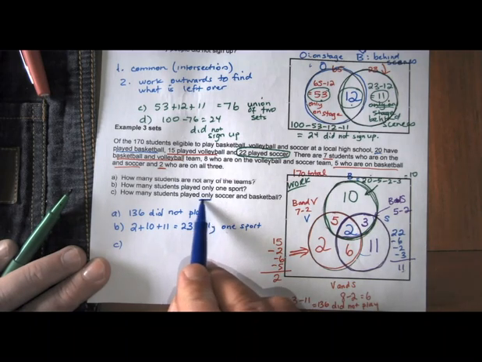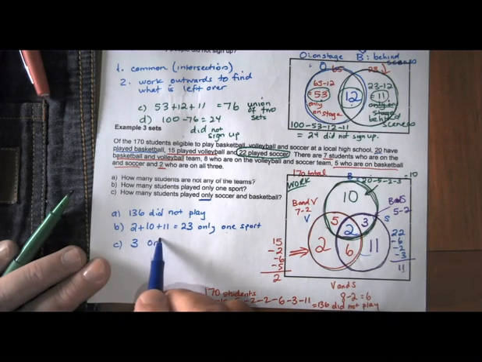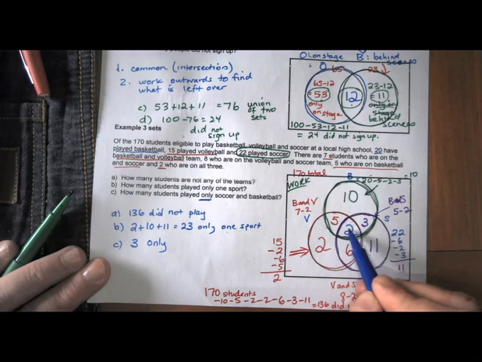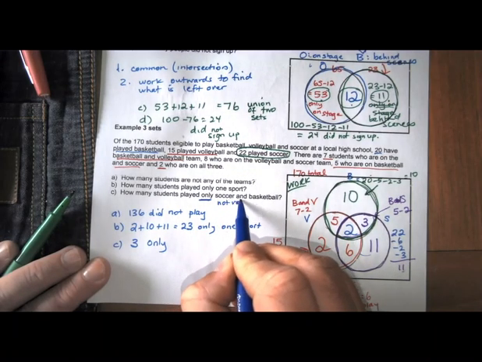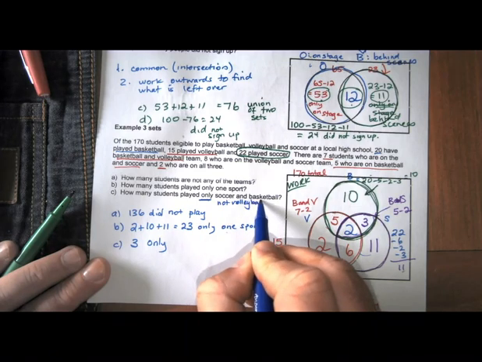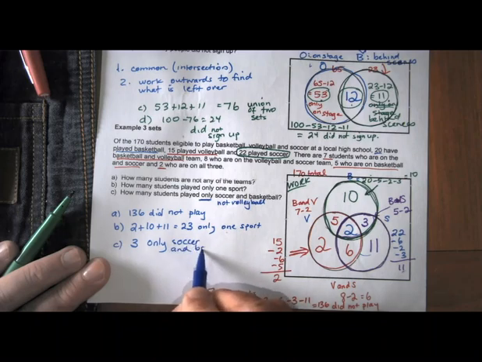But this word, only played soccer and basketball, means they can't play anything else. That's where that 3 is the answer, because you can't play, so not volleyball. So only soccer and basketball.